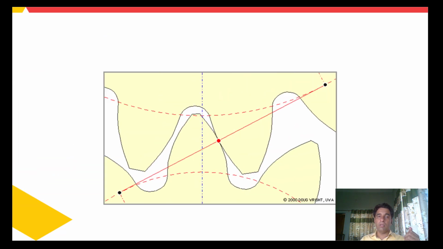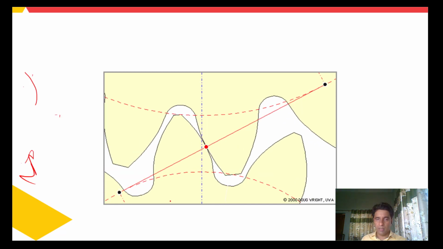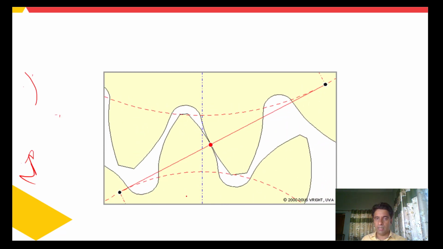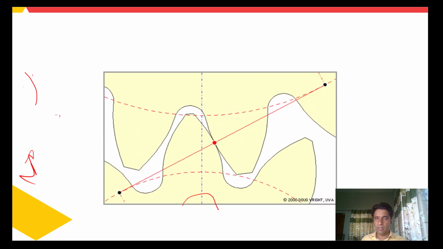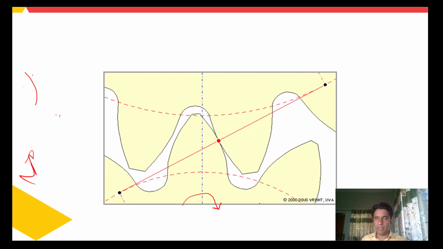So now look at this animation. In this animation, you can see this gear which is moving in the clockwise direction. This gear we call a driving gear.